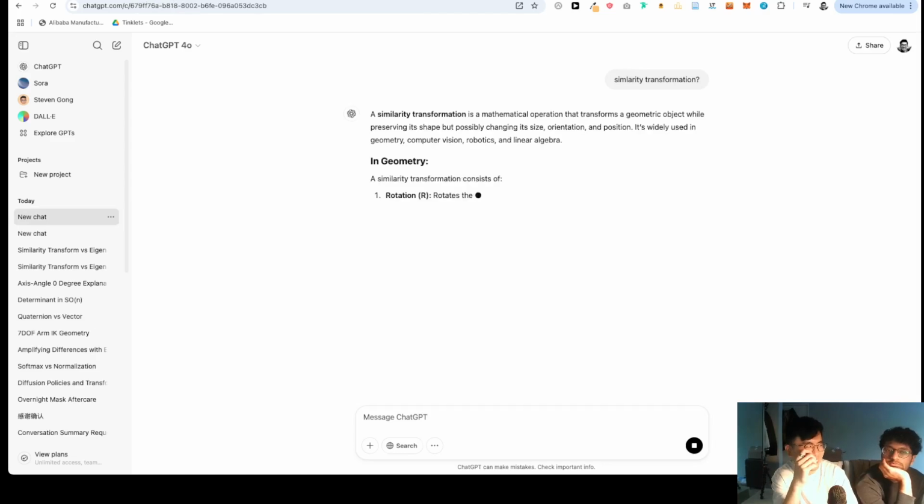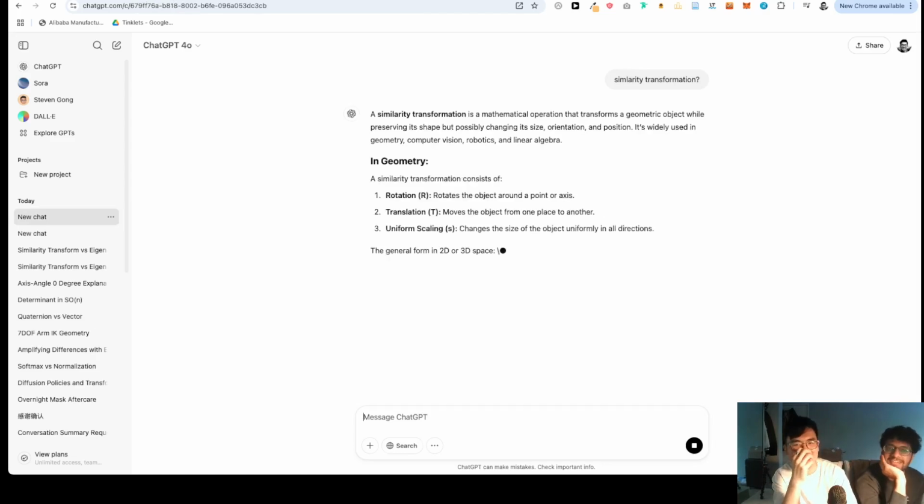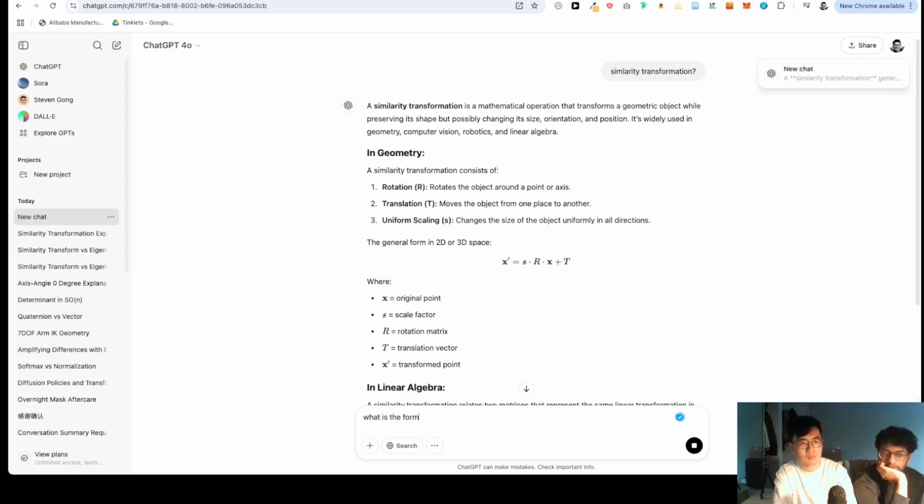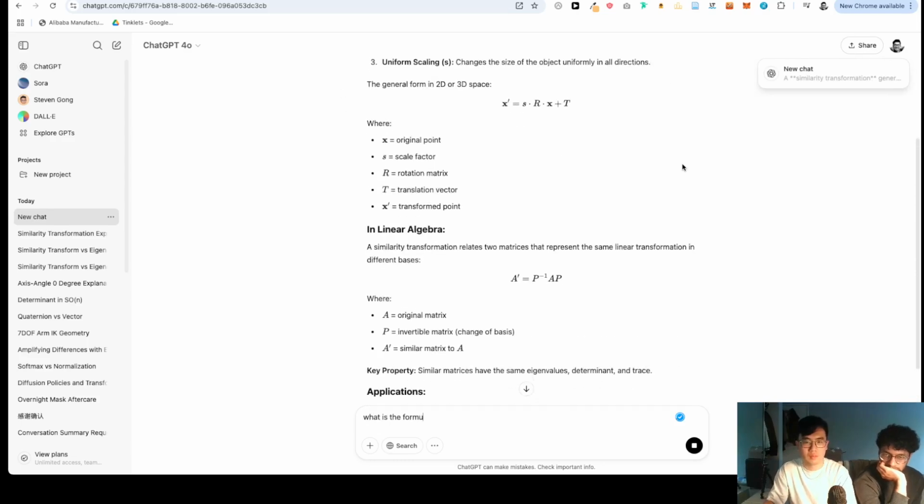Maybe we should use DeepSeek. Go down and jump in your algebra. So did you learn it as that or as PAP minus 1? I don't remember which one I learned anymore. It's been a long time.